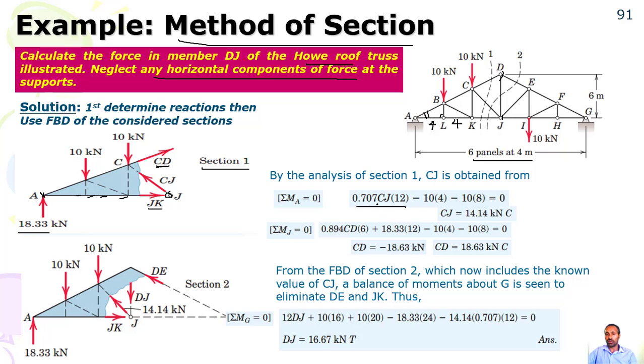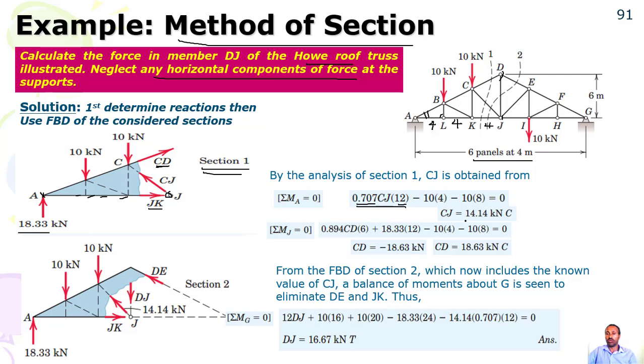So 0.707 CJ times 12, because we have here 4, and this is just 4 again. Then you take the component, cos of 45, times 12, minus 10, clockwise moment at A for section 1.